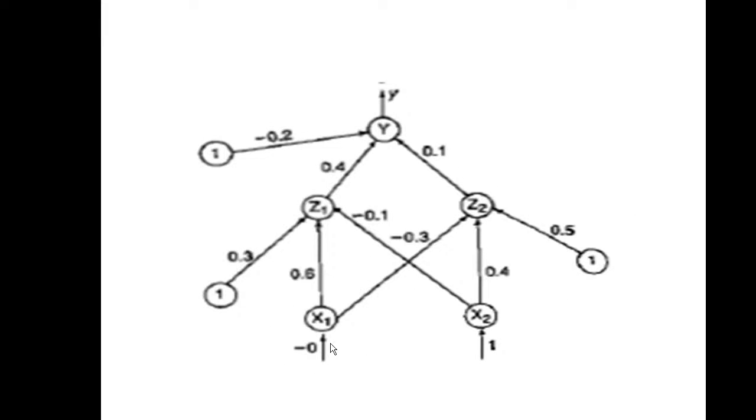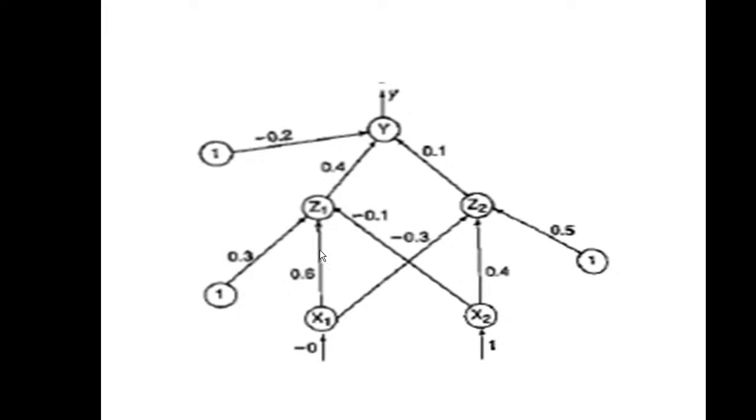V11 means from x1 to z1. We take the subscript of the input and the subscript of the hidden layer unit, so we denote this by V11. Similarly, V11 is 0.6.